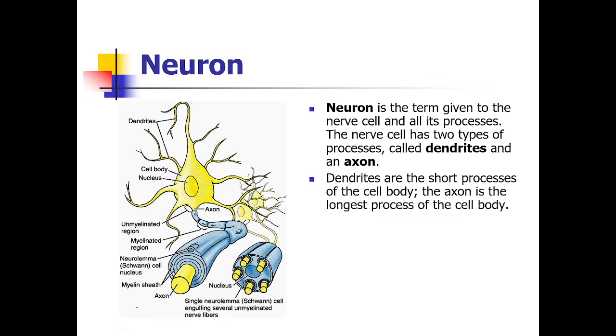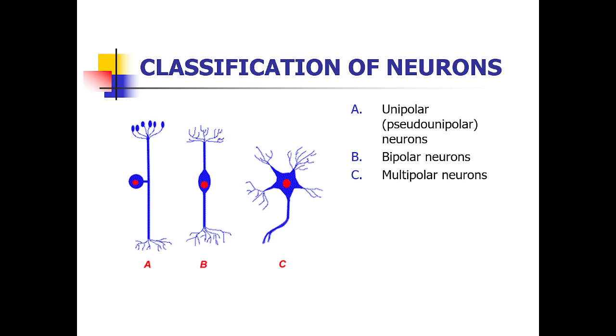Axon. It carries information from the neural cell body and then through the axon somewhere. What is the name of those peripheral processes? Dendrites. Very good.